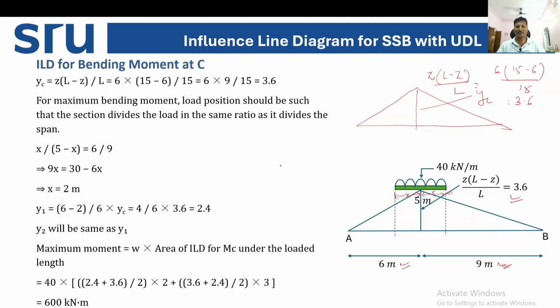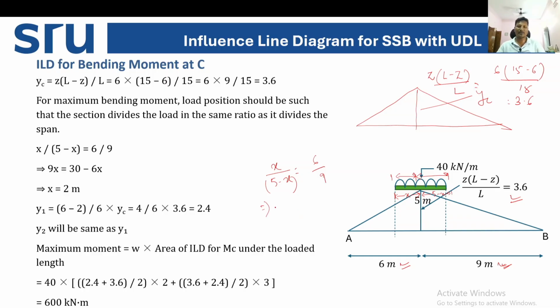If you write the equation, x divided by 5 minus x, because we are going to distribute equally with the triangle, is equal to the ratio of the triangle, that is 6 divided by 9, the ordinate to left and ordinate to right length.